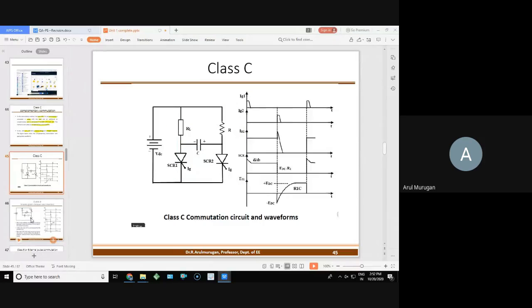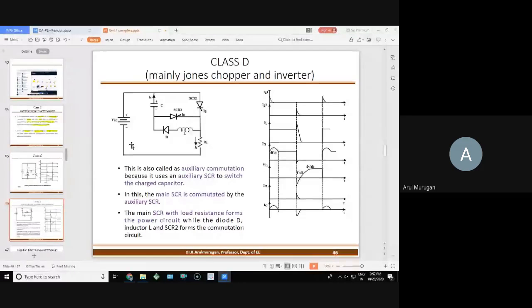Similarly, class D is also the same. When power is applied, the SCR triggers. When I want to turn off the SCR, I need to disconnect the power. Initially the supply charges the capacitor, top plus with respect to minus.